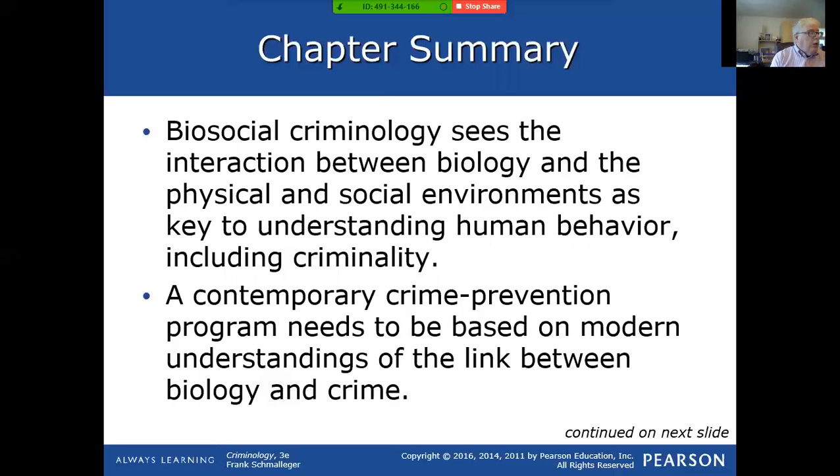What can we do with the biological information that's going to help us to prevent crime? Can we make sure that we provide support to people that might have a brain issue so that they're not going down the wrong path?